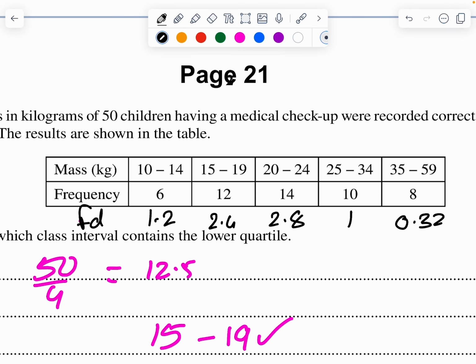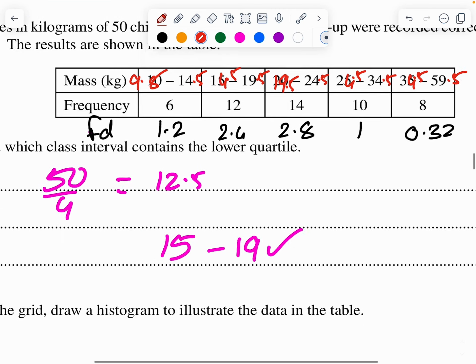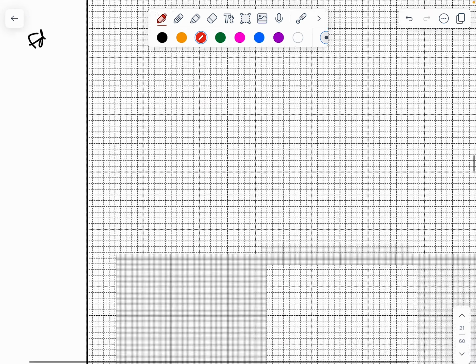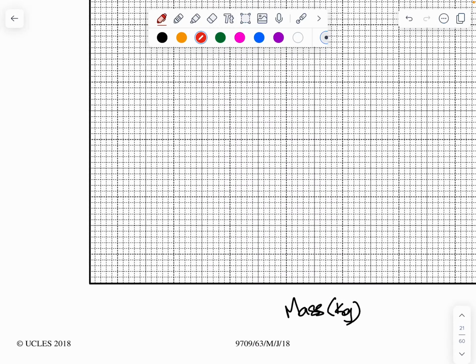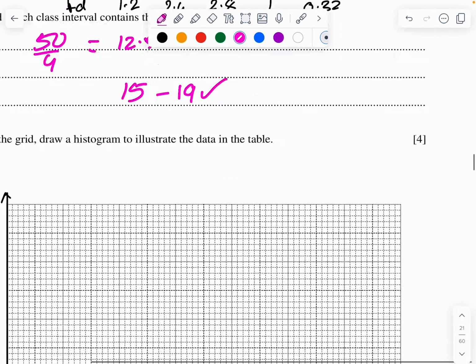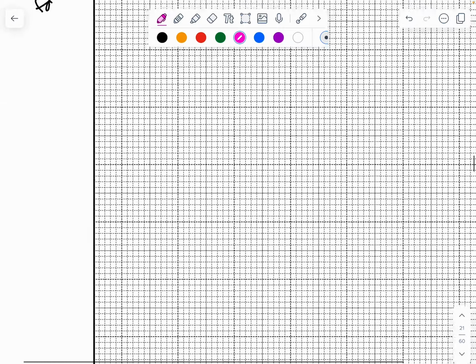How do I make it continuous? Subtract 0.5: 9.5, 14.5, 19.5, 24.5, 34.5, 59.5. So between 9.5 and 14.5, it is 1.2. First of all, we have to mark this, and the maximum is 59.5.